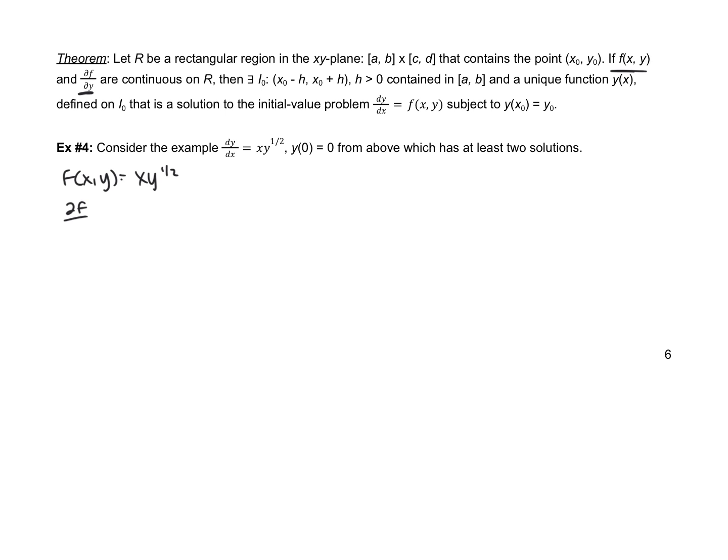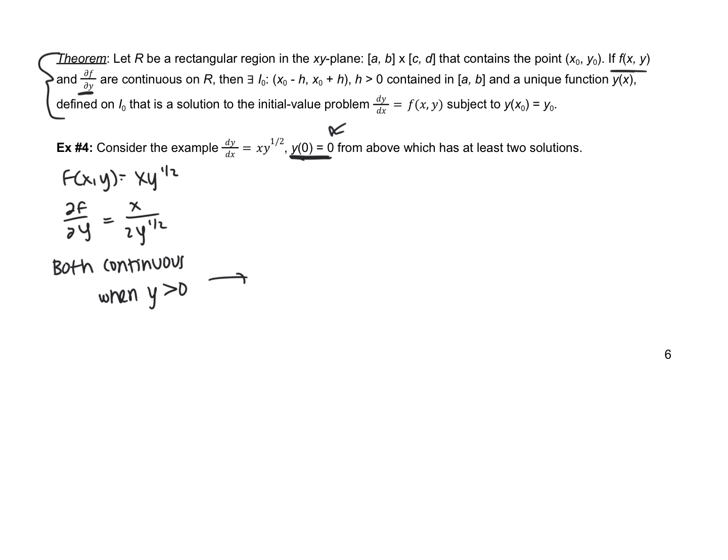So the partial of f with respect to y is x over 2y to the 1/2. And what we're going to notice is that both are continuous when y is greater than 0. And from our initial condition, that was not the case, right? y was not greater than 0, so this theorem didn't apply.